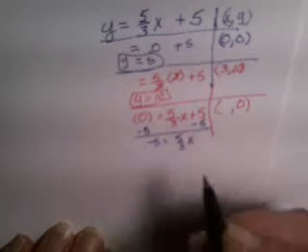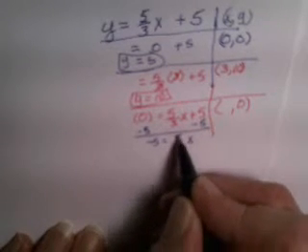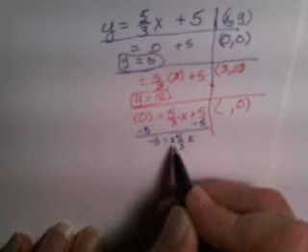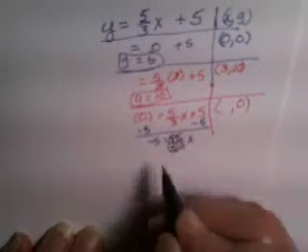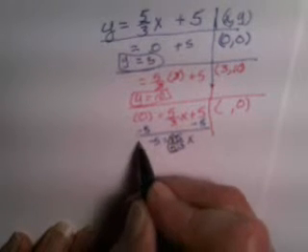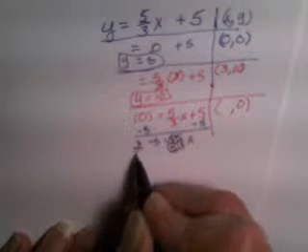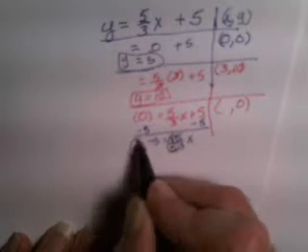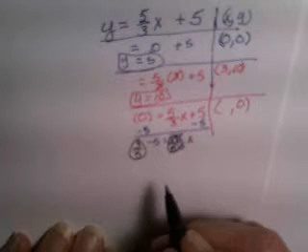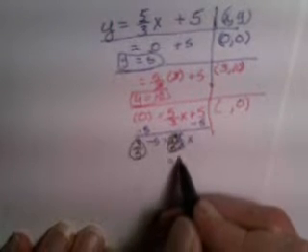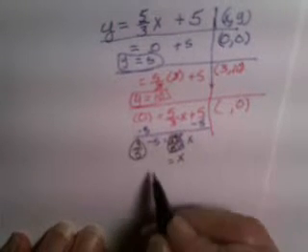Then we want to get the x by itself, isolate that x. So we'll multiply 5/3 times 3/5 right here and right here. The 3's will cancel, the 5's will cancel. You still have a 1, x.